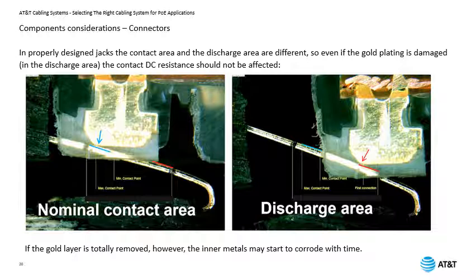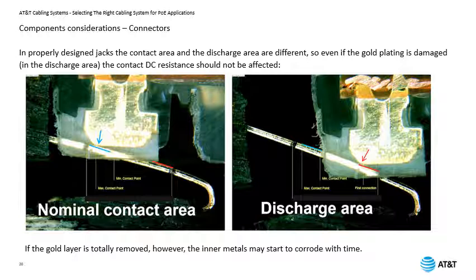Therefore, we have to design the RJ45 jack in such a way that the contact area during the data transmission is different from the contact area during the discharge. So even if the gold plating is damaged in the discharge area, the contact DC resistance should not be affected.